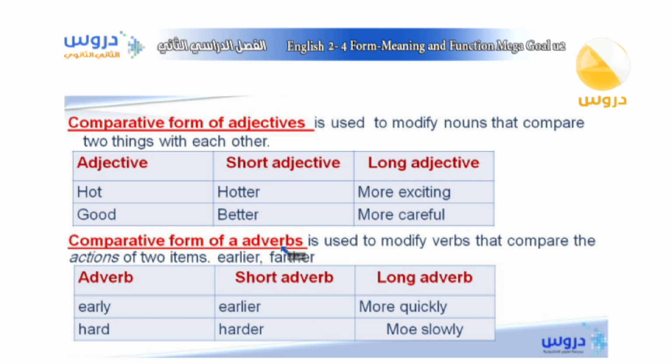The comparative form of adverbs is used to modify verbs and compare actions. We're talking here about something happening with two items. Early, hard, these are adverbs. For short adverbs, we can say earlier, harder. But for long adverbs, we say more quickly, more slowly.